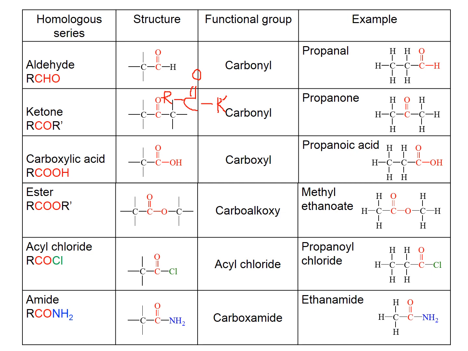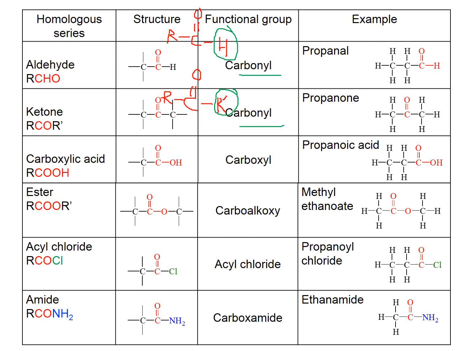So yang aldehyde pula ialah R attached pada C double bond O, tetapi hujung dia ialah H. So the difference between these two structures, beza dia hanyalah ini sahaja. Ini ada H, ini ada R. Okay. Aldehyde with an H, ketone with an R. Okay. Both of them are considered as carbonyl as their functional group.